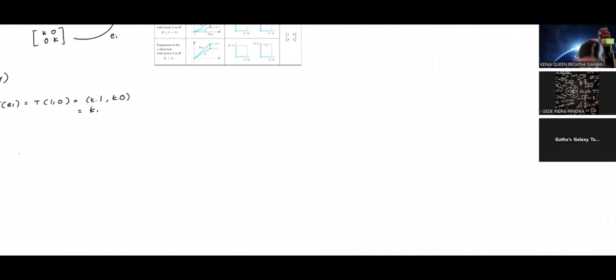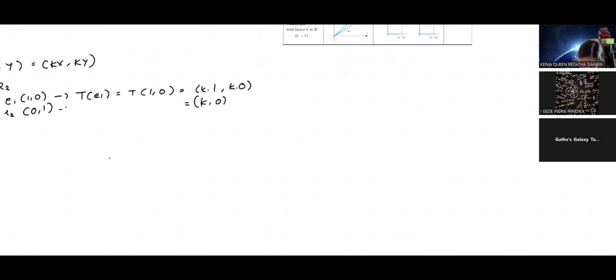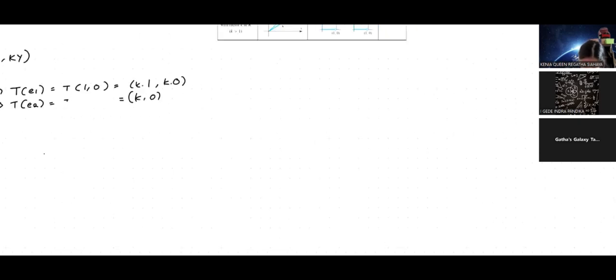And then for T(E2), T(0, 1), we get K multiplied by 0, and then K multiplied by 1.